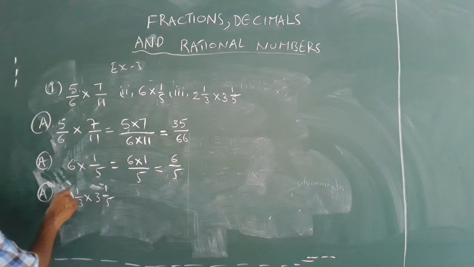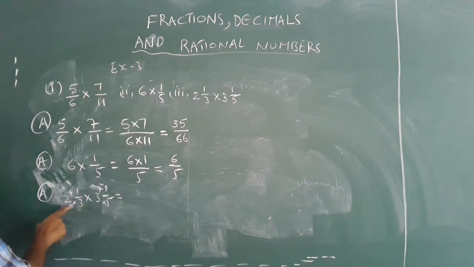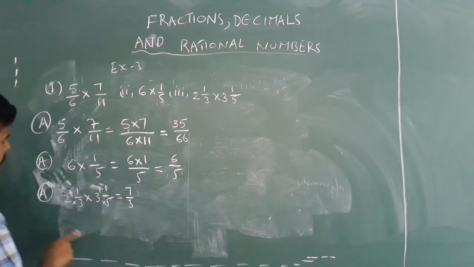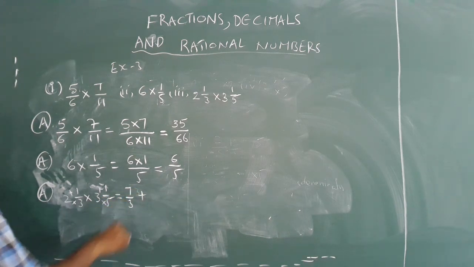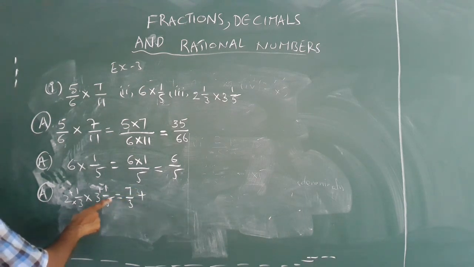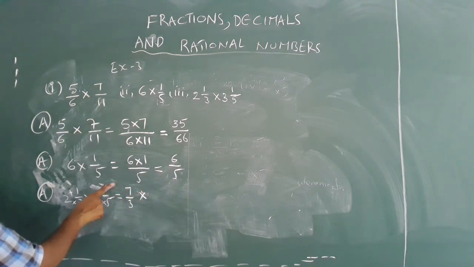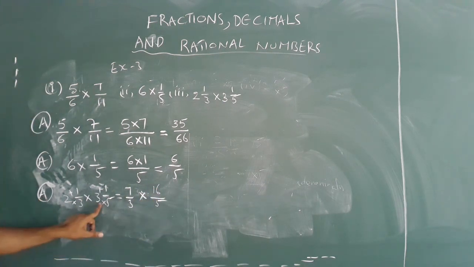Here into here plus: 2 3s are 6 plus 1. How much, children? 7. So 7 by 3. Then 3 1 by 5: 3 5s are 15, plus 1, 16 by 5.